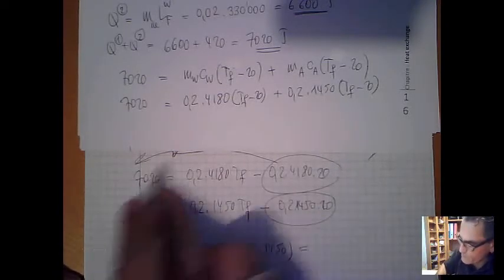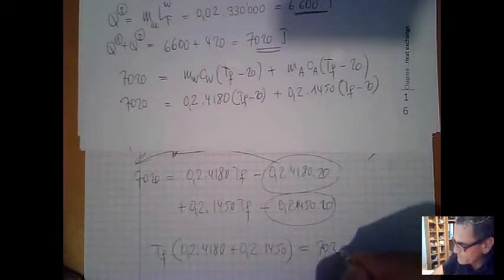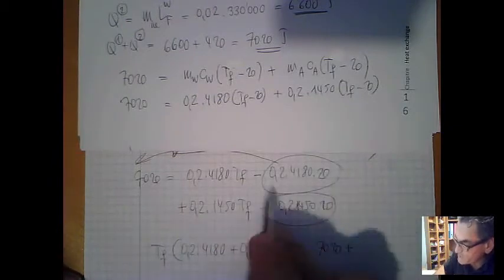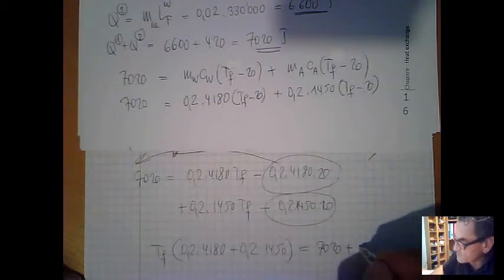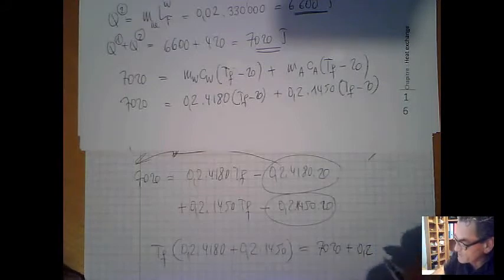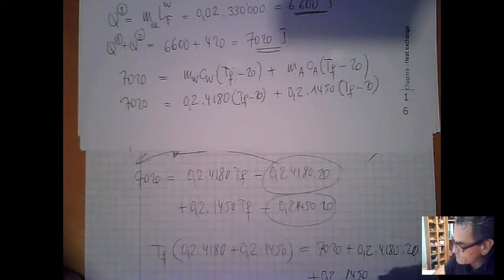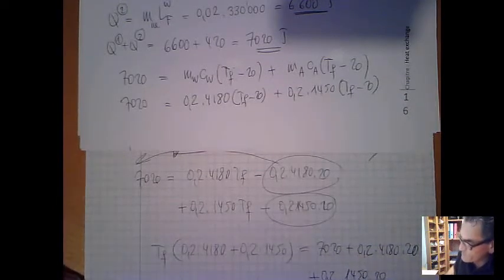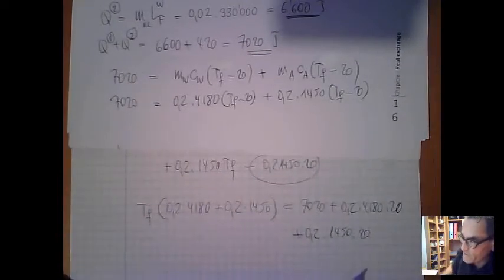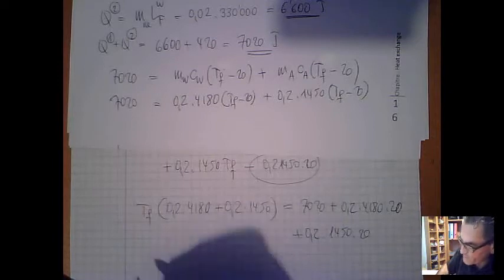This should be equal to all these guys together, 7,020 plus, because I'm going to the other side, the sign changes, 0.2 times 4,180 times 20 plus 0.2 times 1,450 times 20. Okay, and then the final TF will be just this divided by the parentheses.